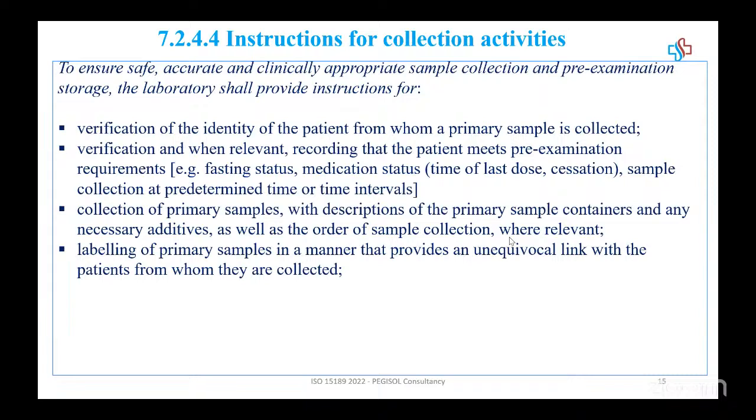For example, fasting status, or whether the person has taken medication. If you are doing INR, whether the patient is on caffeine. If you are doing a fasting lipid profile or fasting blood sugar, when the patient last ate. Or sample collection at a predetermined time interval, say 2 hours postprandial, where you need to collect 2 hourly. Those things have to be put into consideration.